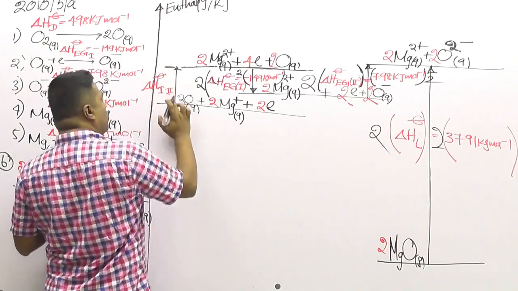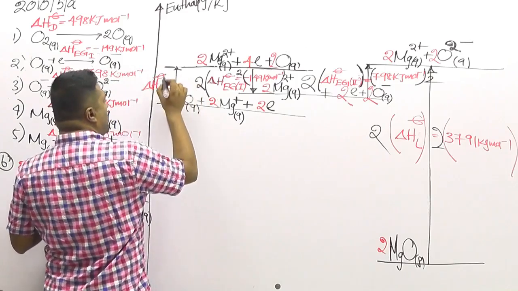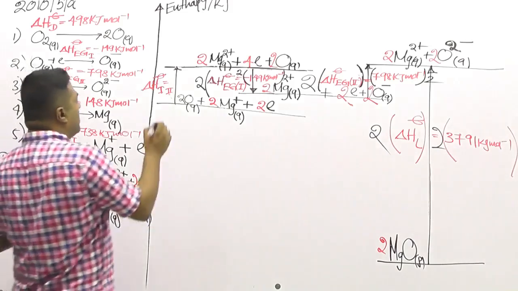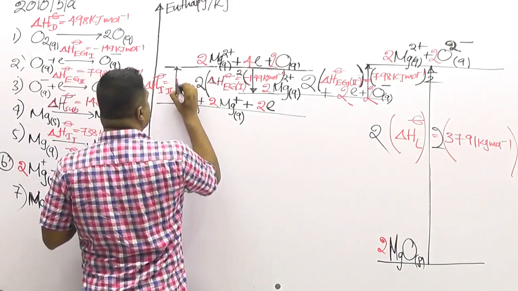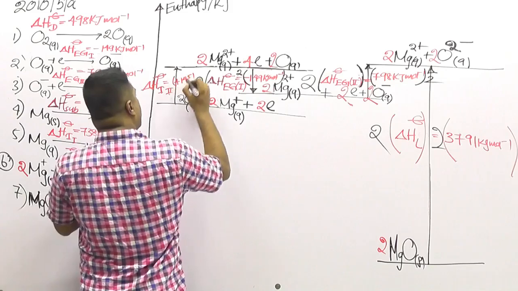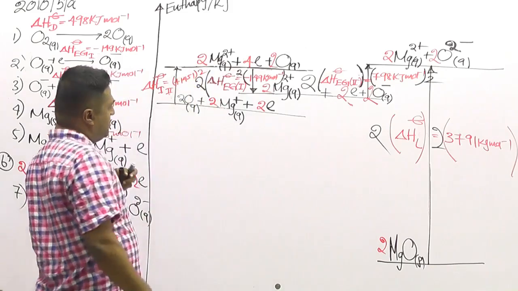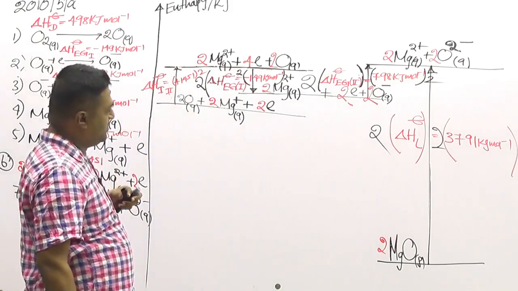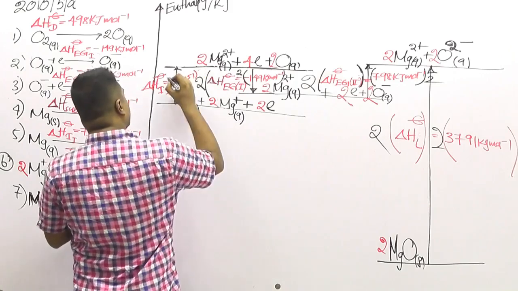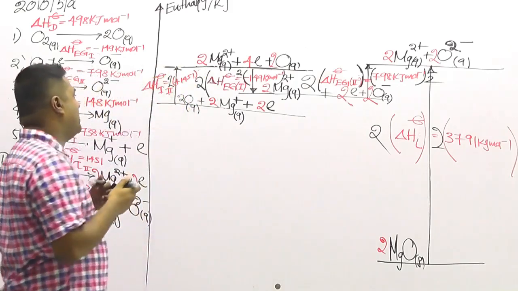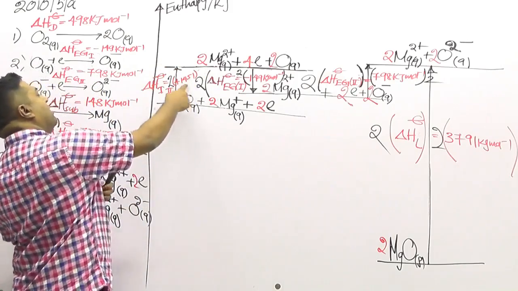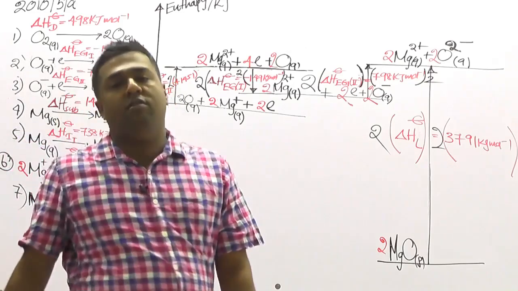Delta H naught I2 means second ionization energy, and its value is plus 1451, and twice of that. Okay, so that is the conversion.